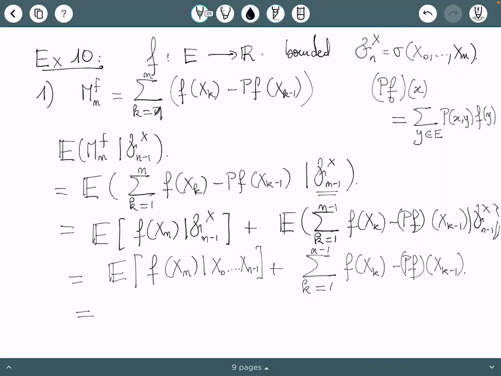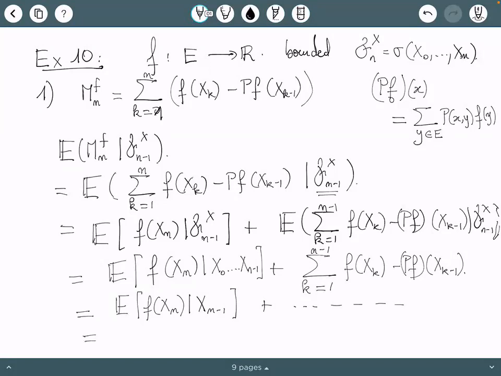Because it is a Markov chain, it is the same as the expectation of f of xn given the last state, xn minus 1, plus this guy. It depends only on the final state: the future after time n depends only on the past through the present, which is the n minus 1 case.